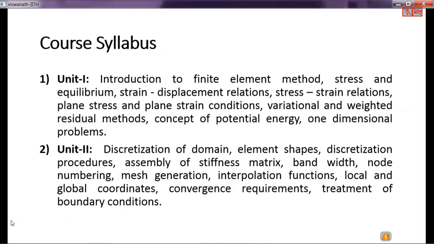Now, at each and every point, we want to see how the equilibrium is satisfied. So that's the reason we need to come up with a metric which can measure the states at each and every point of the continuum. That's the reason one has to introduce something called stress.